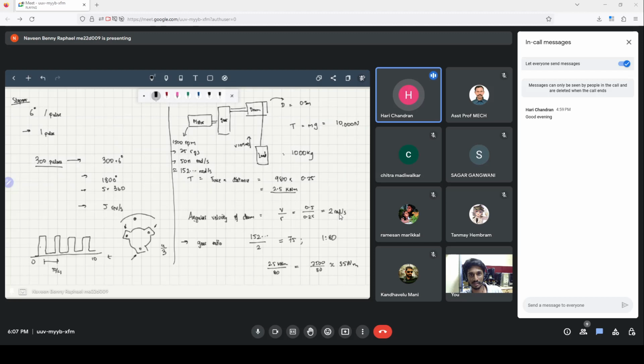Essentially, we need not just a Hall effect sensor, we also need a timer to measure the time and things like that. It's not like a normal tacho generator which directly gives you the angular velocity as an output. So you're right.